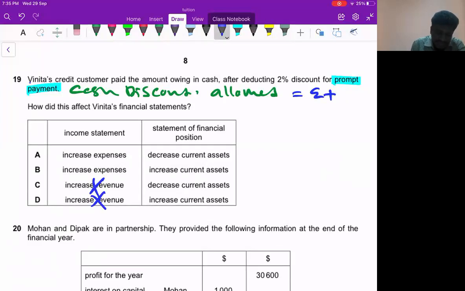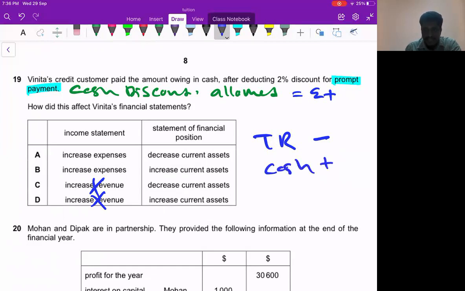Because I'm Vinita, I receive the money. So I allow the discount. This is a discount allowed, which is an expense. And when the customer pays me, my trade receivable will be decreased and my cash will be increased.